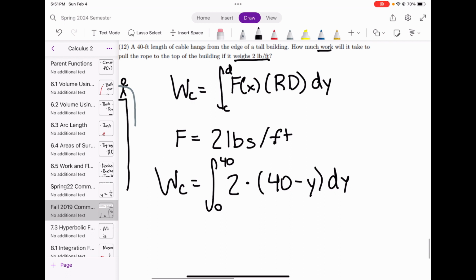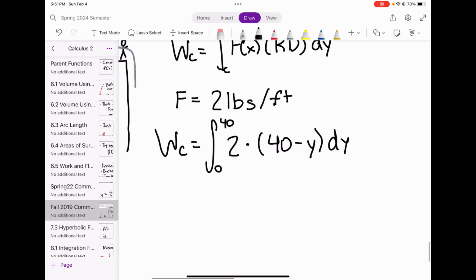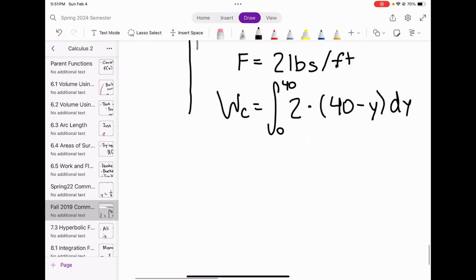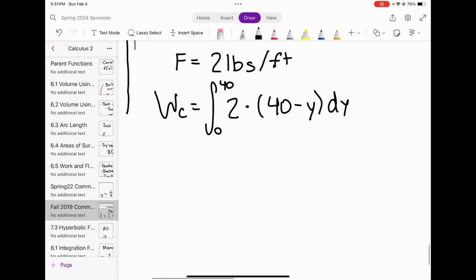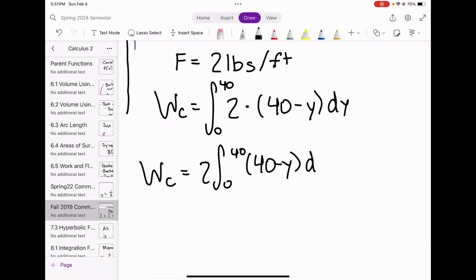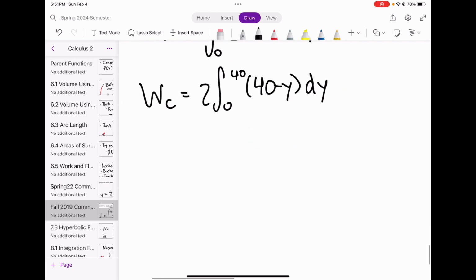Now you have this equation, and all you have to do is solve. I'm going to quickly pull the 2 out: 2 times the integral from 0 to 40 of 40 minus y dy, and now I'm going to solve.